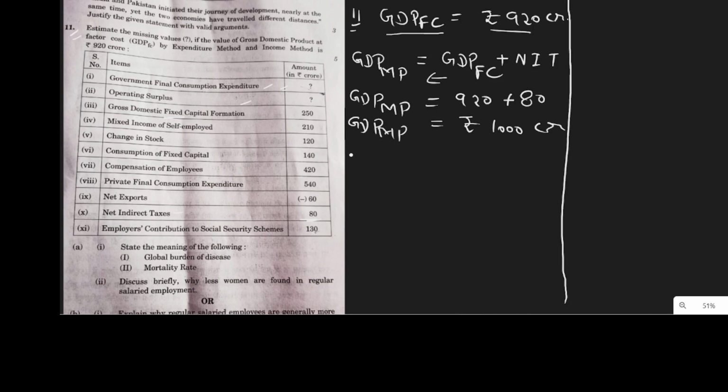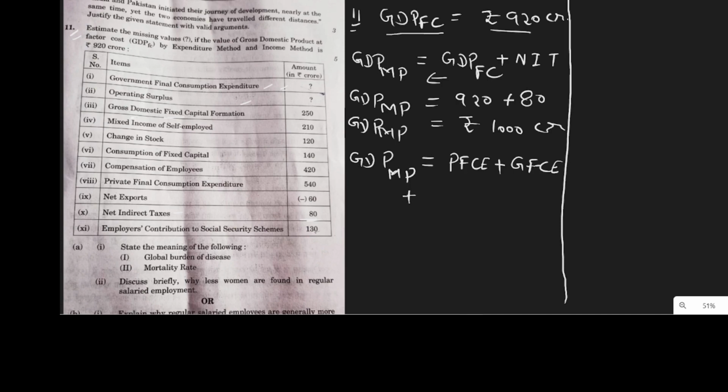Now, we can simply use the formula which we use in expenditure method that consists of the aggregate GDP MP. GDP MP is private final consumption expenditure plus government final consumption expenditure plus gross domestic capital formation.